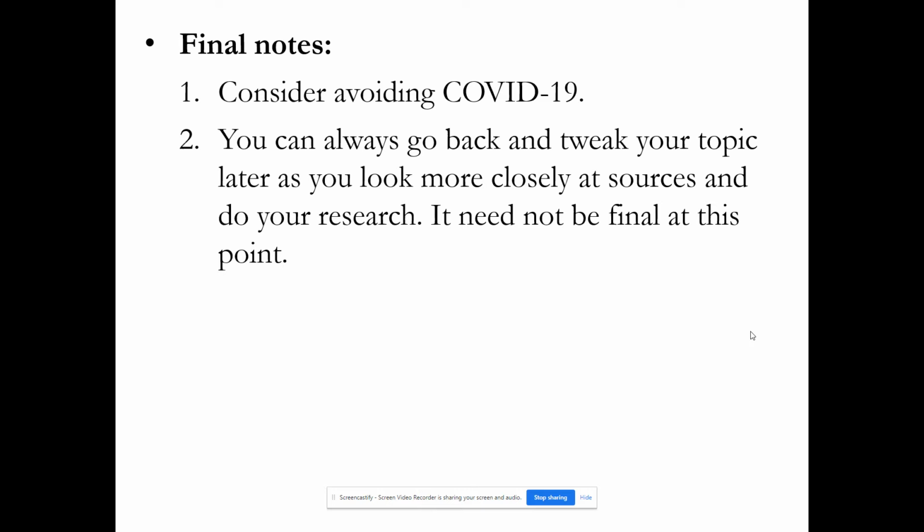So again, you can also go back and tweak your topic later on as you look more closely at your sources and do your research. Maybe you come across something in your sources that totally changes the way you decide you want to look at your topic. Okay, that's fine. You can do that. Research in general is an iterative process.